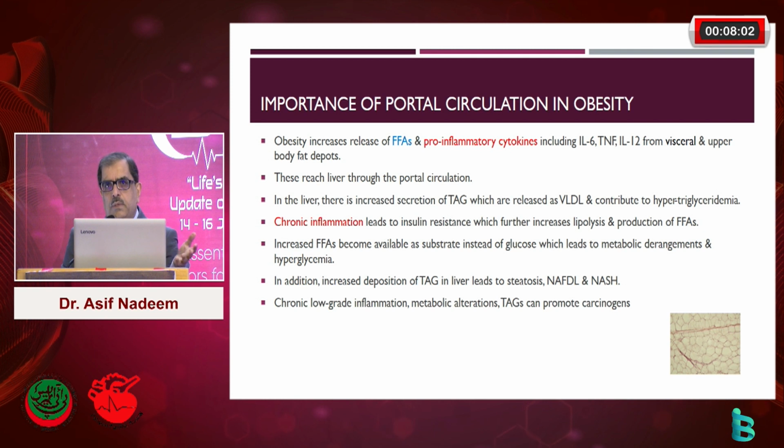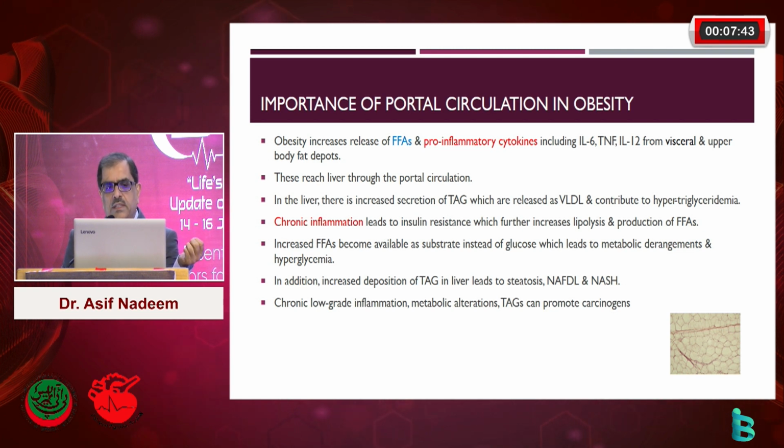So please remember that obesity is a pro-inflammatory or chronic inflammatory condition, and obesity increases free fatty acid levels and pro-inflammatory cytokines like interleukin-6, tumor necrosis factor alpha, and interleukin-12. These reach the liver through the portal circulation.